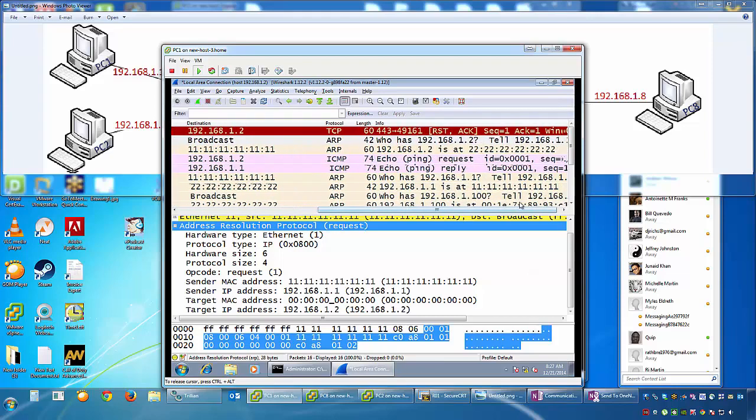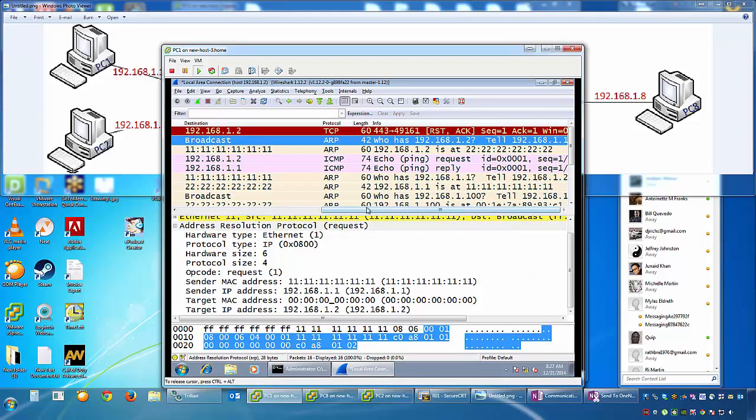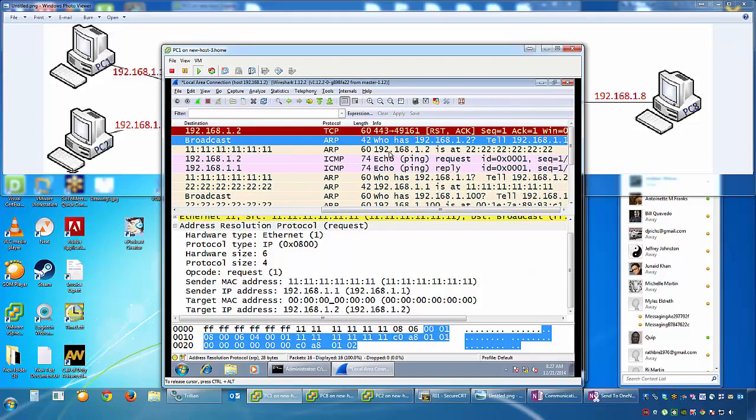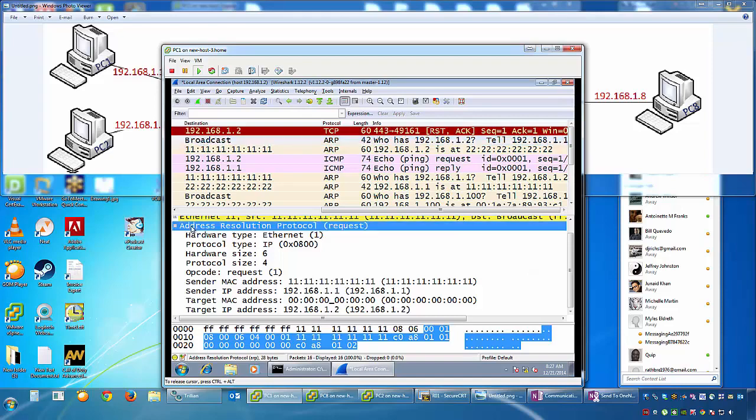Now if we go up here and look at this first line that we're actually seeing, which is actually really number 2, but 192.168.1.2. This is the description now. This is the info. It says, who is 192.168.1.2? Notice it's a broadcast, and the protocol that we're using here is ARP. So here is our ARP information.